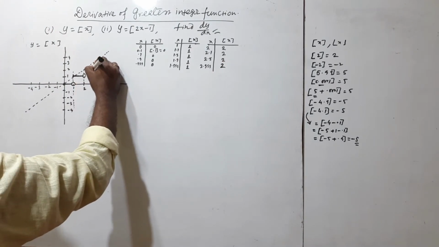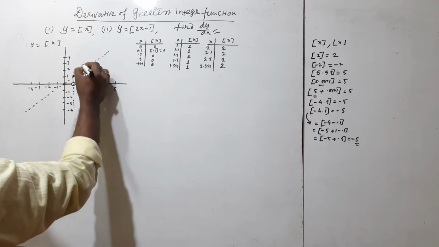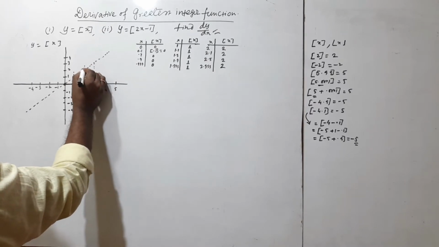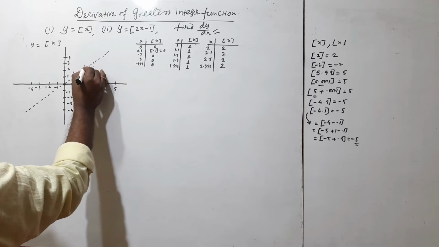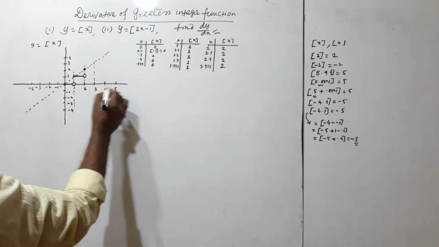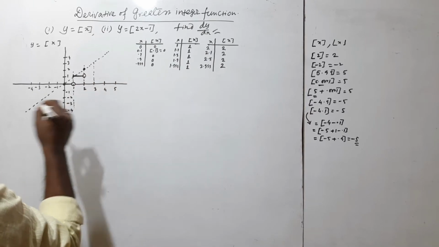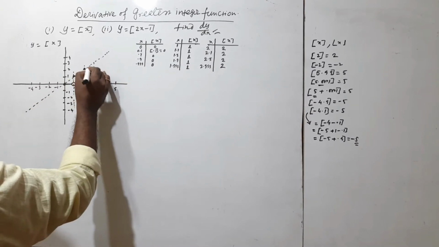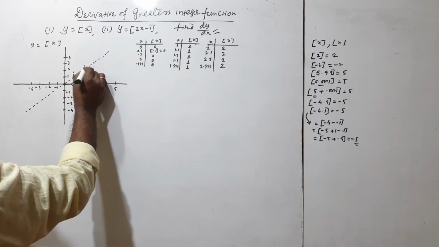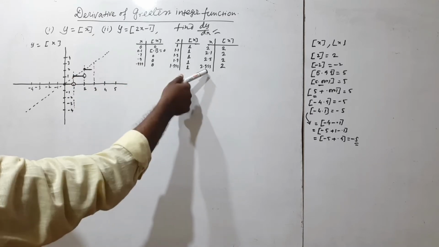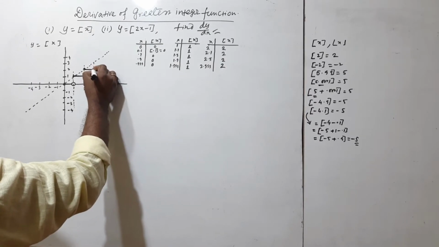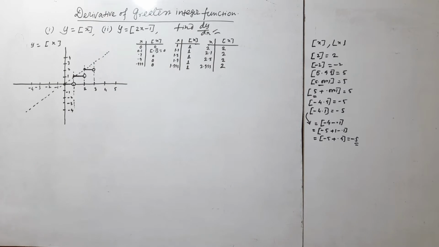So the value of y is 2, touching the point 2 exactly, then parallel up to close to 3, not equal to 3.